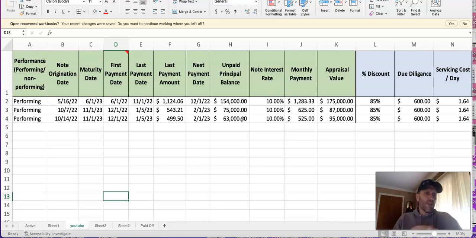These are all newly originated notes, so there aren't any exceptions, because these are hard money loans where an investor went to this company to get a loan to buy this investment property. These properties have already been fully rehabbed, they're in gorgeous shape, so I have no problem going up even higher than 85%.